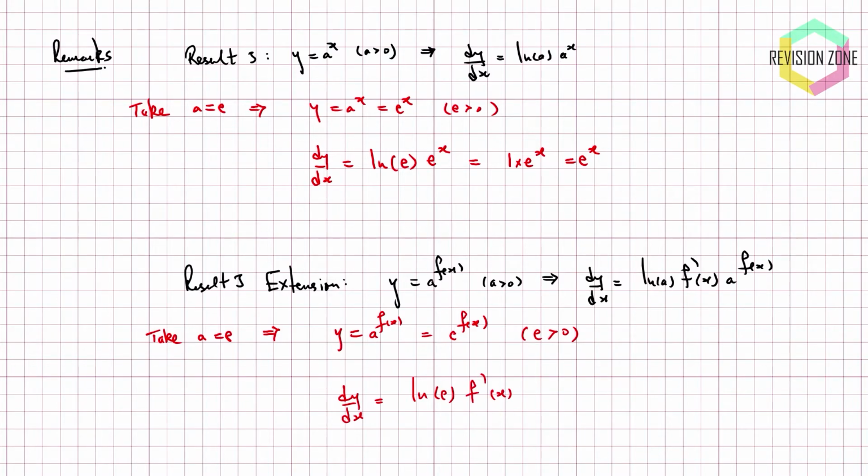And lastly, we're going to have a to the power f of x, but our a is e, so we have e to the power f of x. And just like before, log e is just 1. So finally, to differentiate e to the power f of x, we just write down e to the power f of x and multiply that by f prime x. It's a very easy formula for differentiating potentially very difficult looking functions.